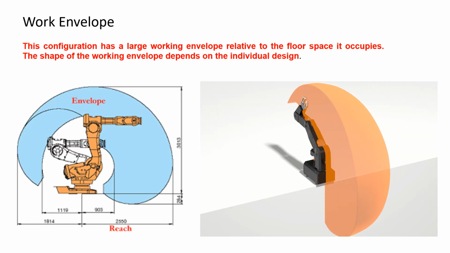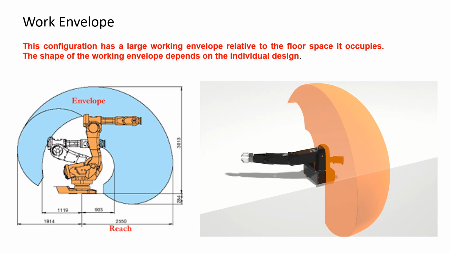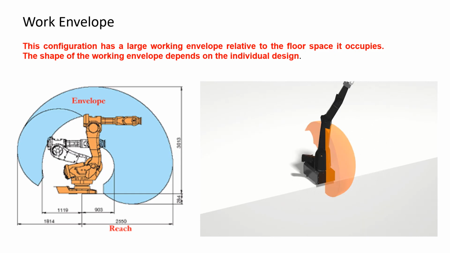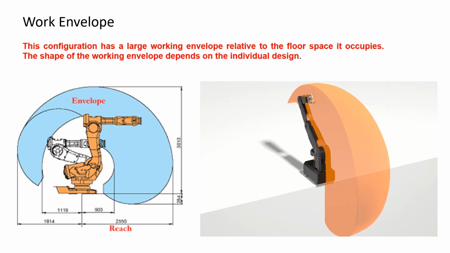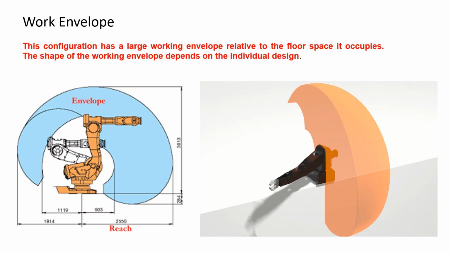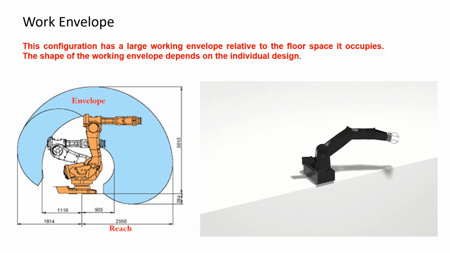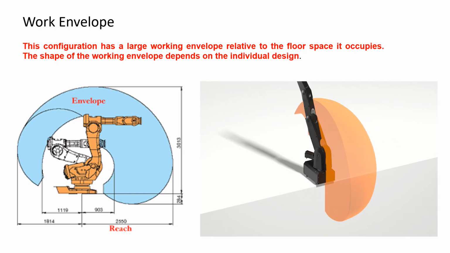Here we can see the work envelope. These articulated robots have different configurations, and that's why they have a large working envelope related to the floor space they occupy, and the shape of the working envelope depends on the individual design. As we know, these articulated robots can be configured in different ways.